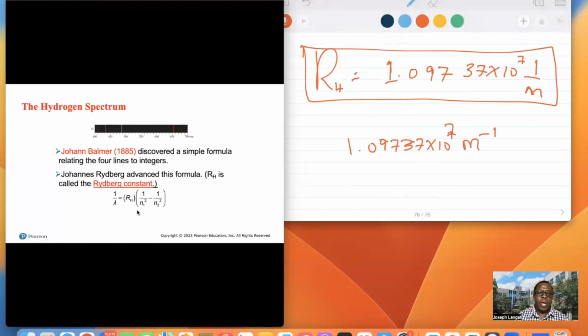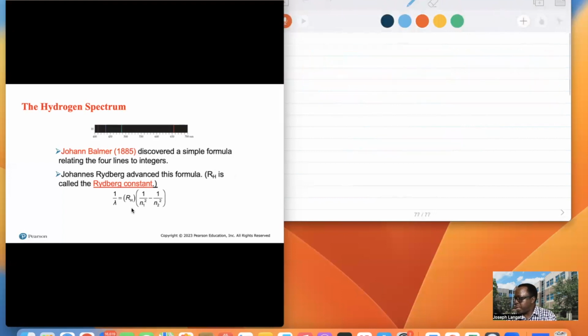So with this, we can calculate the energy, or rather the wavelength, of a photon of light given off when an electron drops from a higher energy to a lower energy. Let's break this down. This is the Rydberg constant, which you know now. You'll be given that.